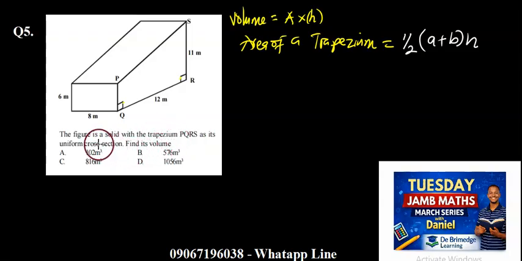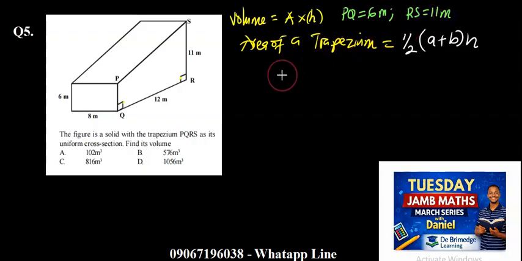Don't forget that PQ is equal to 6. So let's assign letters to this. PQ is equal to 6 meters, and we have that RS is equal to 11 meters.